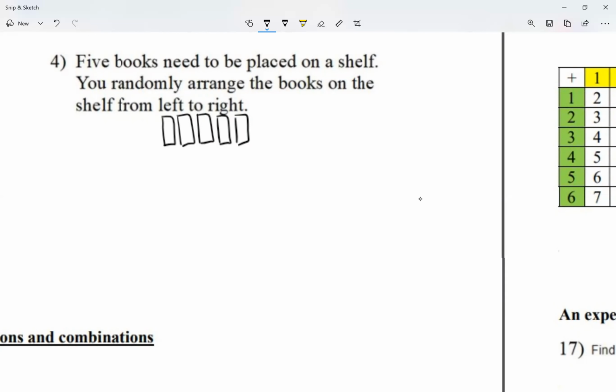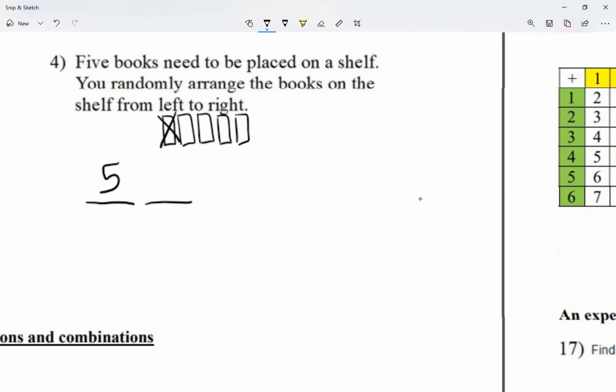So on my far left, how many choices do I have for this one? Well, 5 books. Let's say I chose that one, so I'm gonna take it out. My second book, how many choices do I have left now?